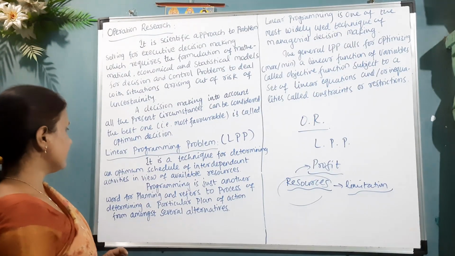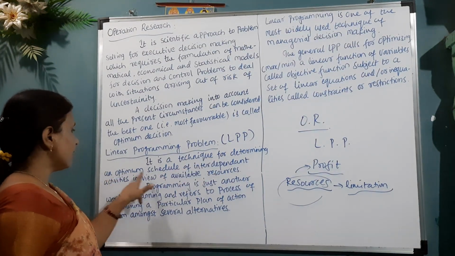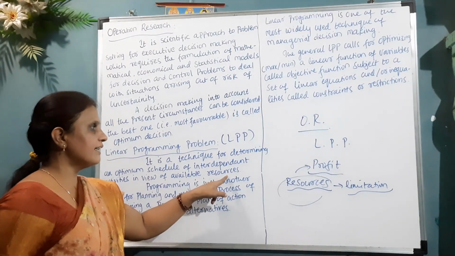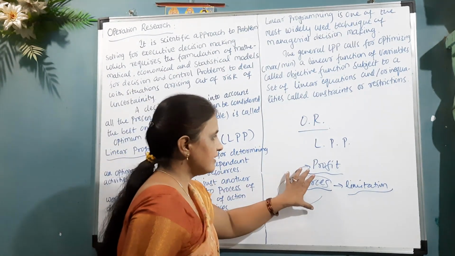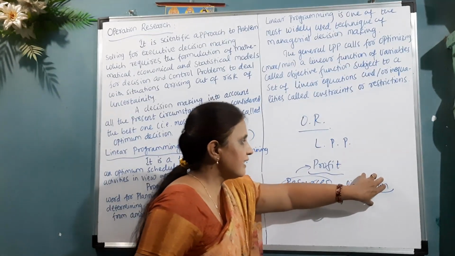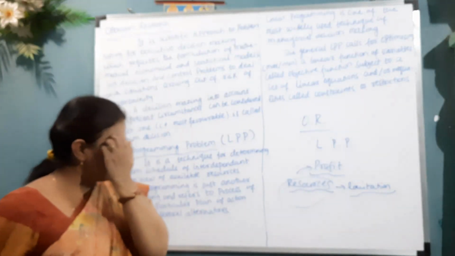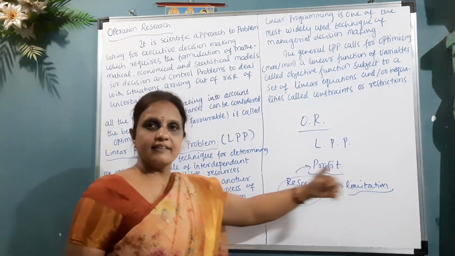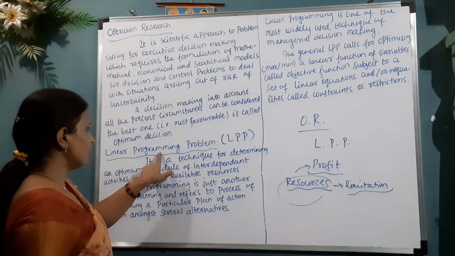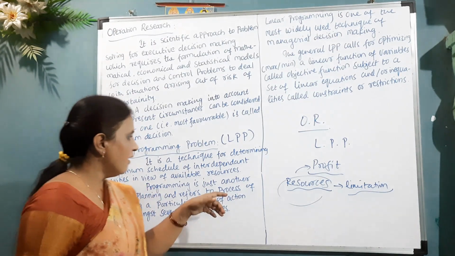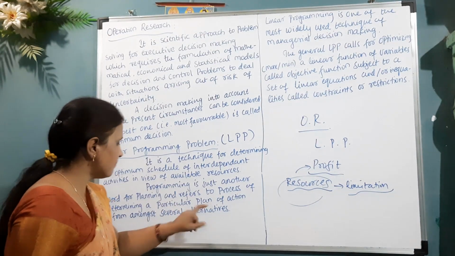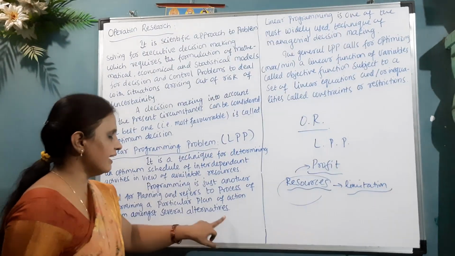It can also be defined as a technique for determining an optimal schedule of interdependent activities in view of available resources. Whatever resources are there are used, keeping the limitations in mind, such that it can increase the profit or decrease the loss, etc. Programming means a set of instructions, or we can say it is planning, and refers to the process of determining a particular plan of action from among several alternatives.